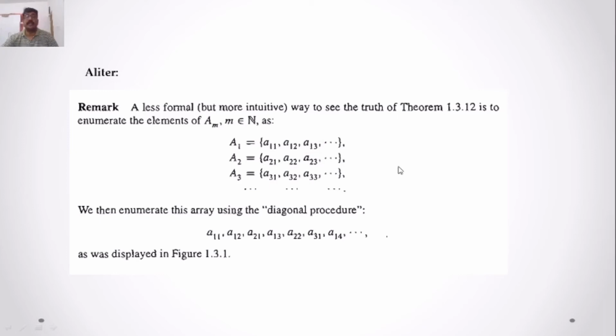Like that, as we discussed in the case of the set of positive rationals, which is countable and enumerable. Here also we can list all the elements of the union of A_m in a rectangular form. Any A_mn is in the mth element of the (m plus n minus 1)th row. Hence, the union of A_m is a countable set.